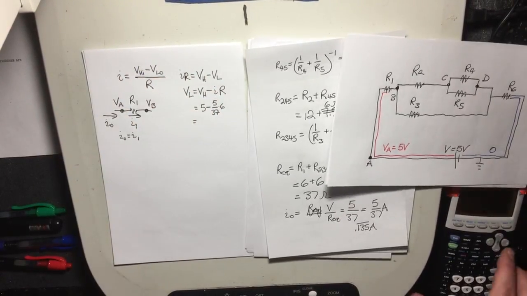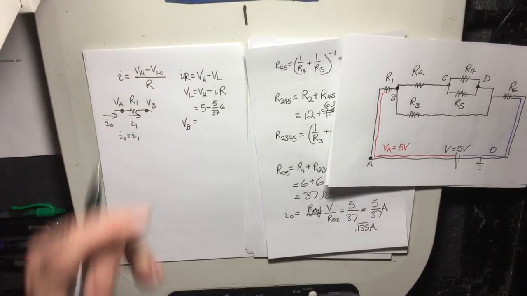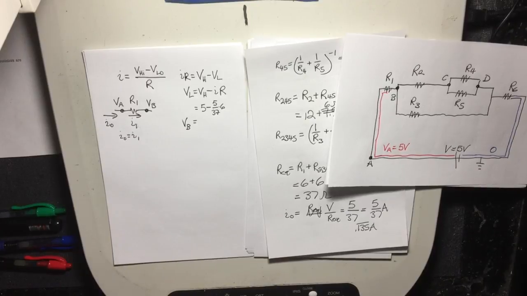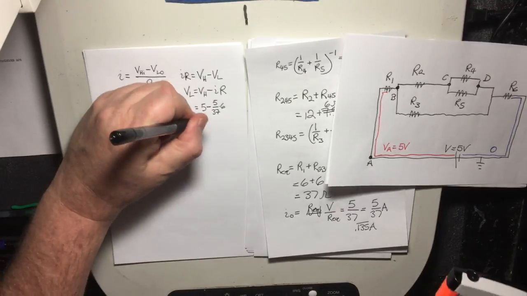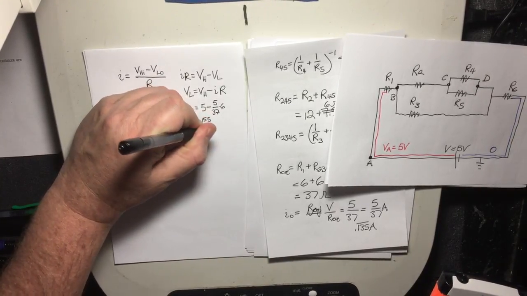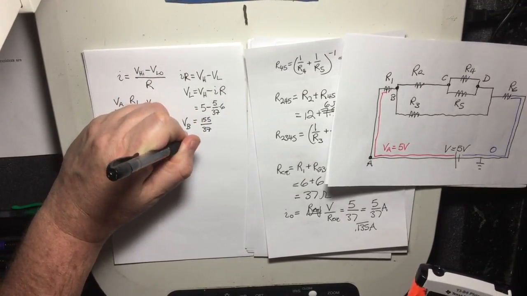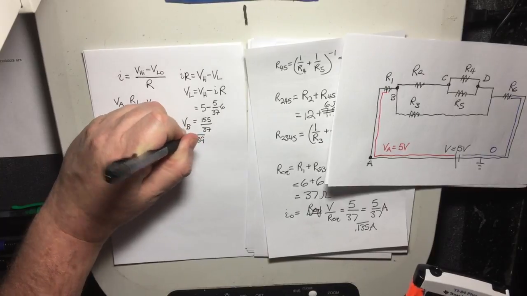So the potential at B, which is the low point, and the fractions are going to get a little bit messy. 155 over 37, or 4.189 repeat.